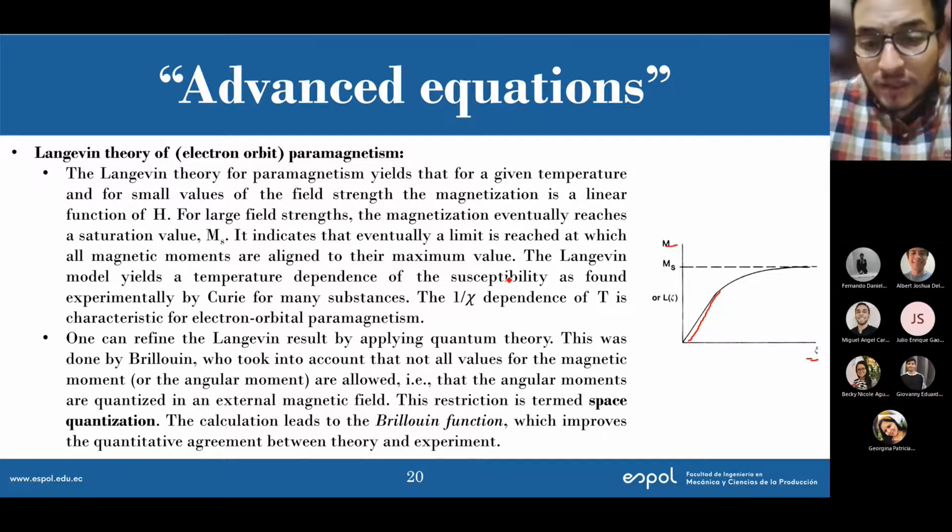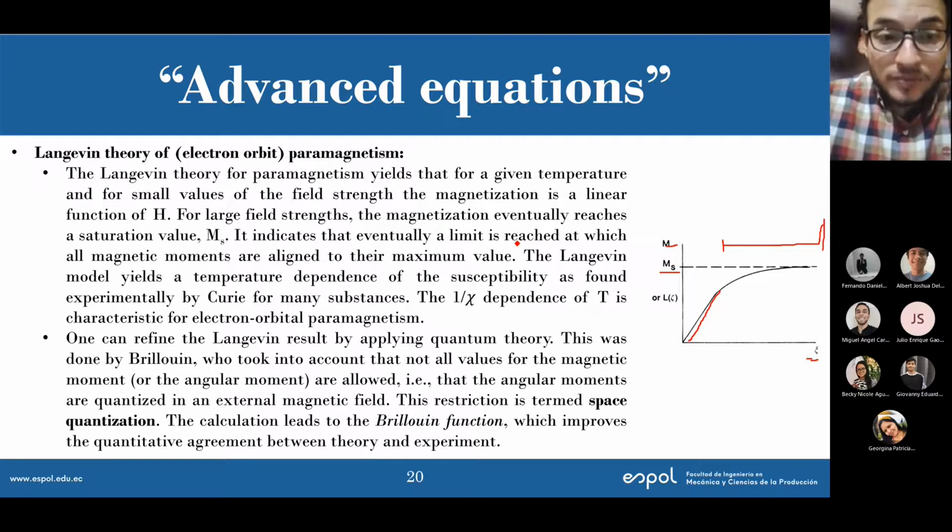If we go to large field strengths, so this regime, then the magnetization will eventually reach a saturation value. You can see it's approaching the saturation value like an asymptote.